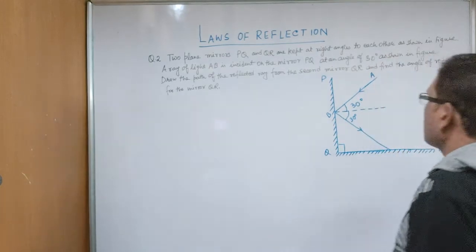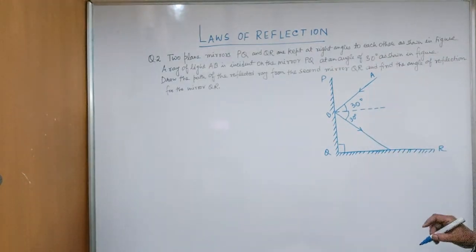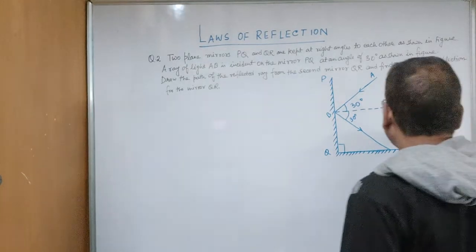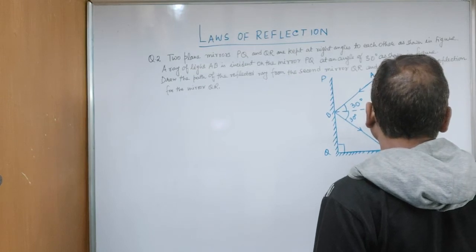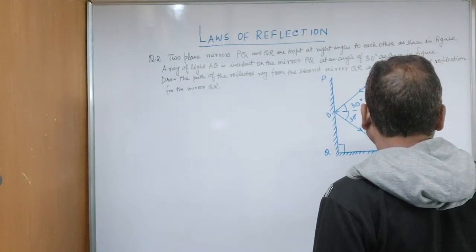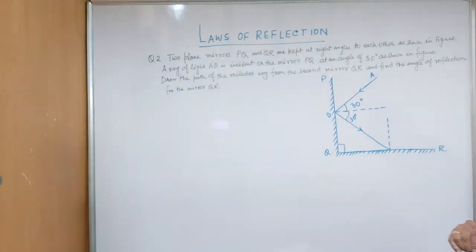So it will come to another mirror now, that is QR. Here also you have to draw a normal at the point of incidence, and this ray will reflect back by making the same angle.